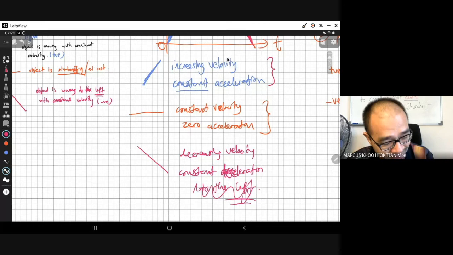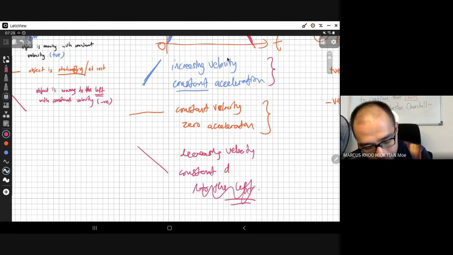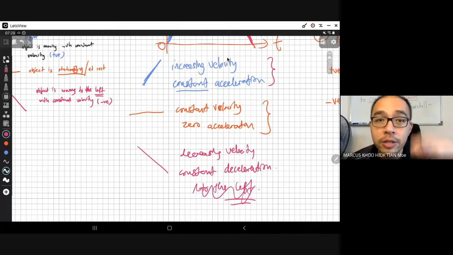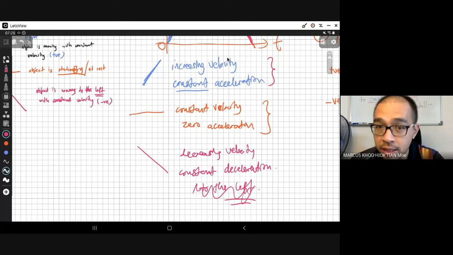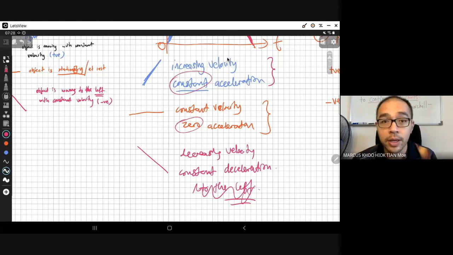Deceleration means going slower and slower. Decreasing velocity lah. So in terms of acceleration, there are only two words, either constant or zero. For velocity, it will be increasing, constant, and decreasing.